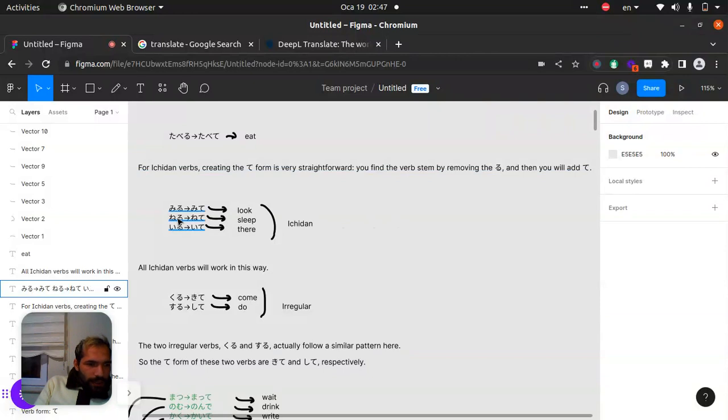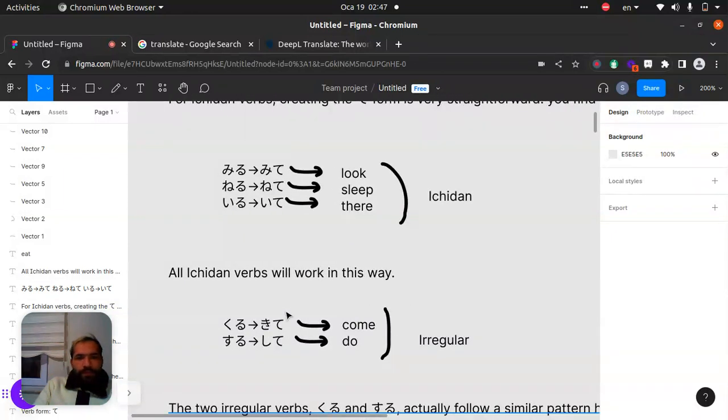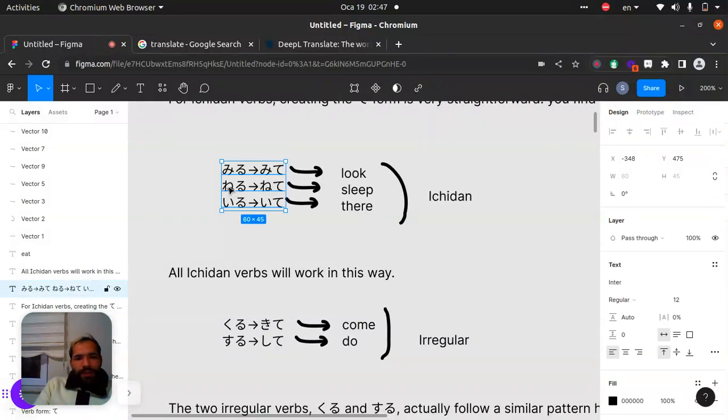So in this case, what we have is miru. I think this is miru. Miru is like look. This one I don't know what it is. The first one. I think I can do a little closer too. This one I'm not sure what it is.